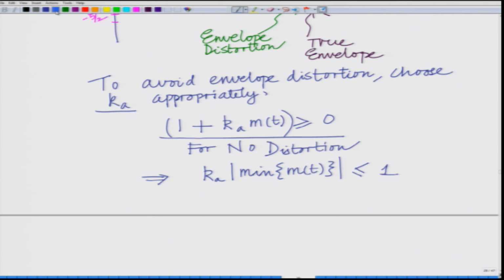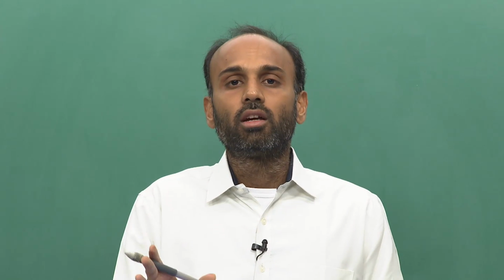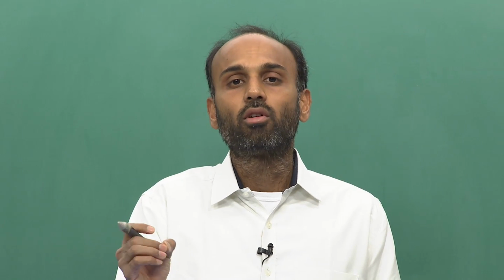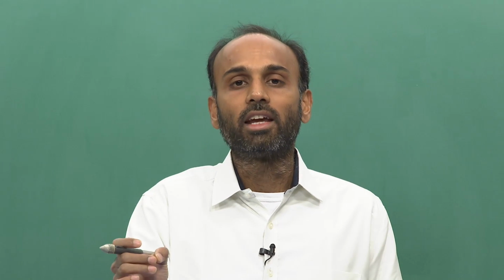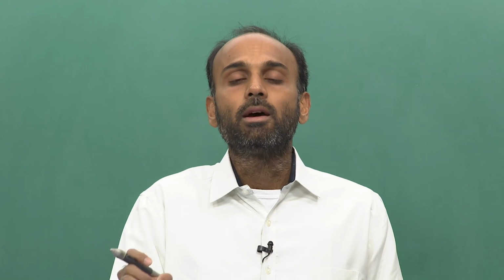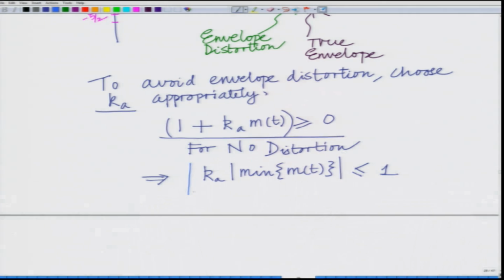What we are saying is, when Mt becomes negative, Ka times the magnitude of this trough, this lowest point or negative peak of Mt, must be less than or equal to 1 for no envelope distortion, alright.